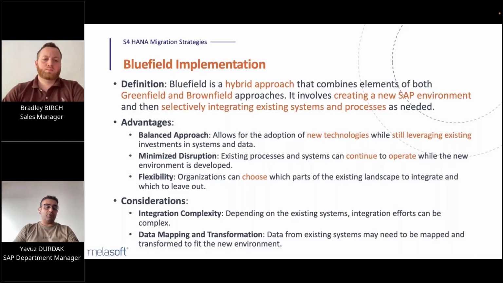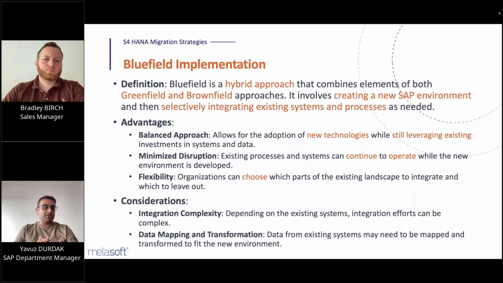It allows the adoption of new technologies while you still leverage the existing investment and data. On the other hand, it minimizes disruption. Existing processes and systems can continue to operate while the new environment is developed. Finally, it is flexible, because organizations can choose which parts of the existing landscape to integrate and which parts not. This is the flexibility that Bluefield implementation provides.